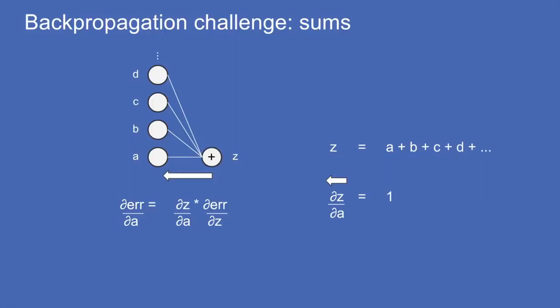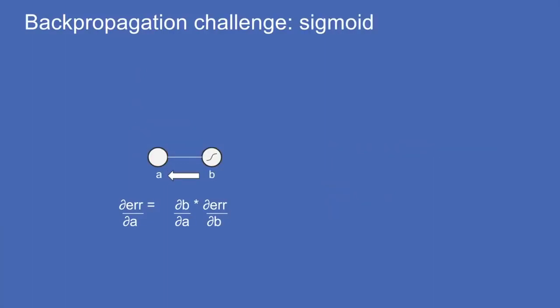If we have a sum of a whole bunch of elements, we increase one of those elements by 1, we expect the sum to increase by 1. That's the definition of a slope of 1. One-to-one relation there.